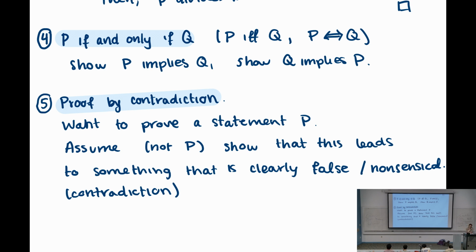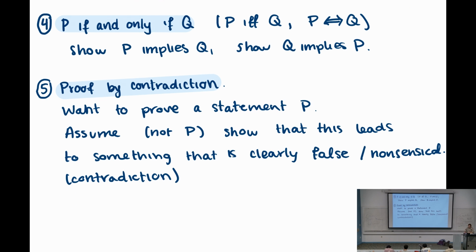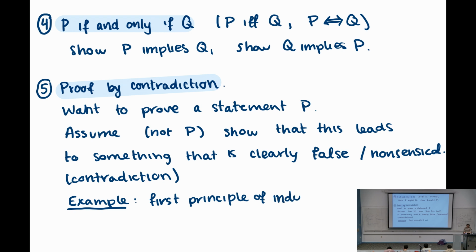And we have seen an example of this already. If you want to go back and look at one that you've seen, when we did the proof of the first principle of mathematical induction, we had a couple of cases, and we showed that one of the cases was impossible by contradiction.